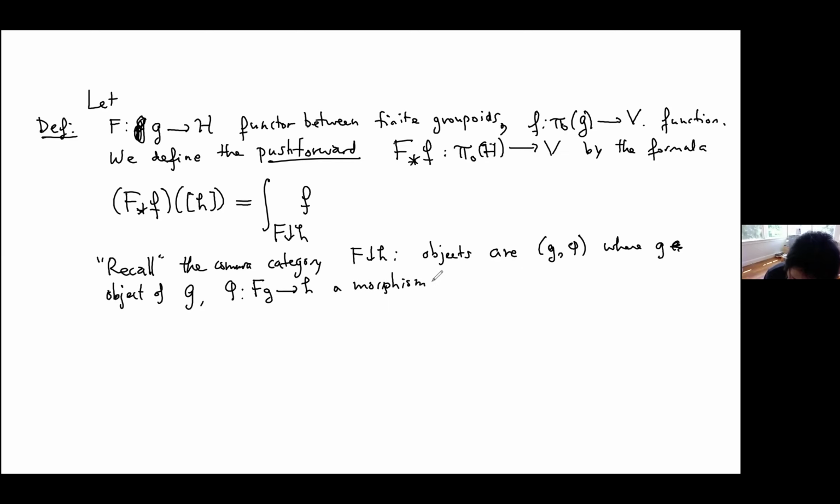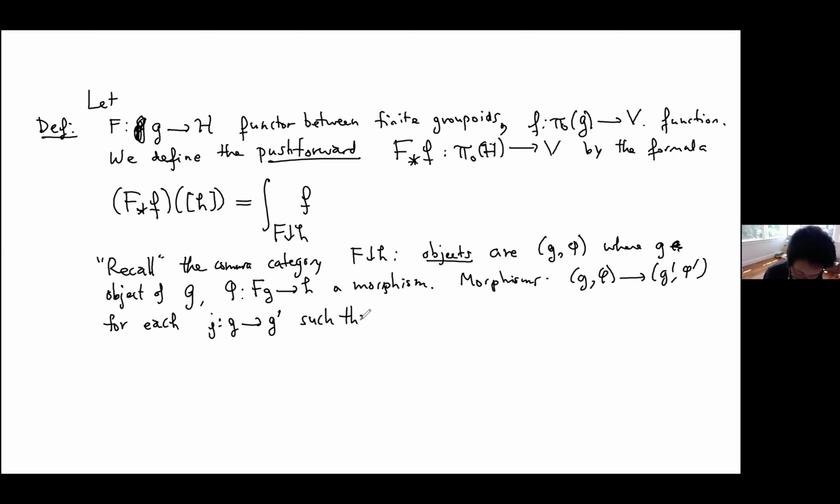Those are the objects. And the morphisms are as follows. You have an arrow from (g, phi) to (g', phi') for each arrow j in G from g to g' with the property that you have a commuting triangle. So I write phi' composed with F(j) is equal to phi. Okay, so that's the comma category.